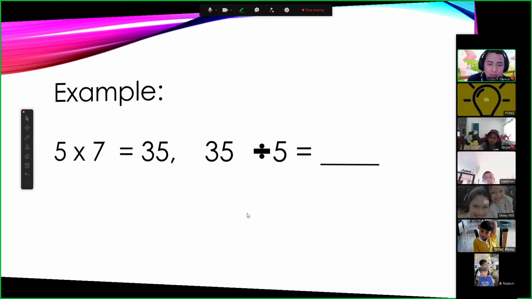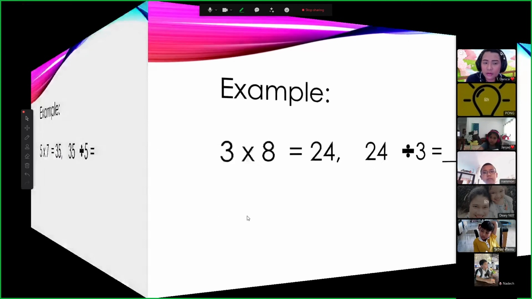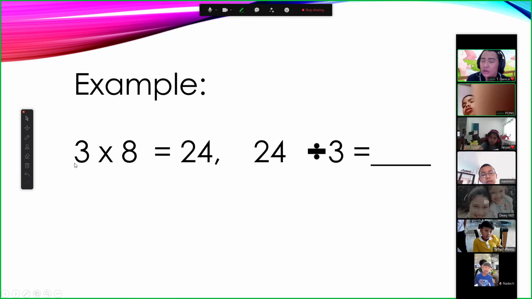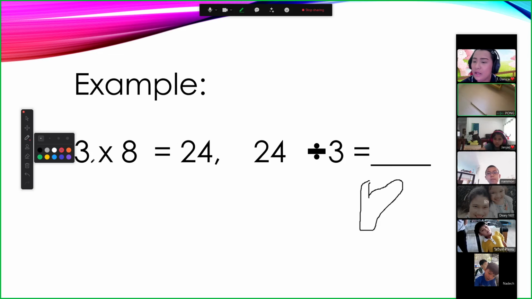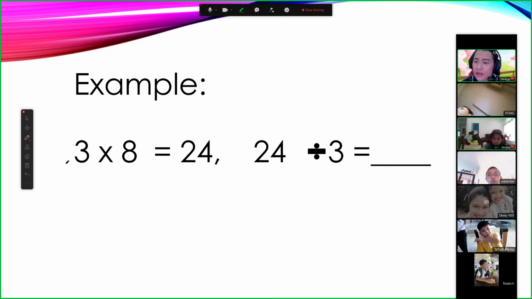All right. Next, 3 times 8. Read 3 times 8 equals 24. It's the same as 24 divided by 3.